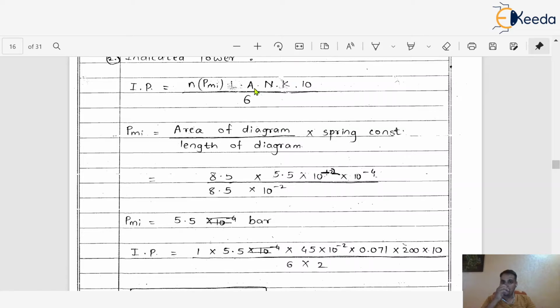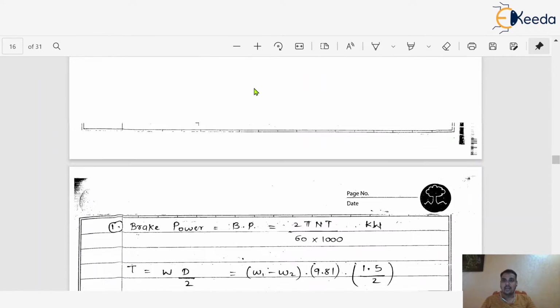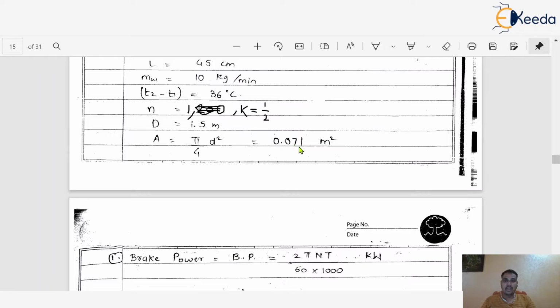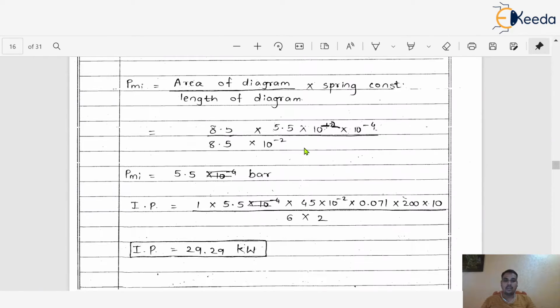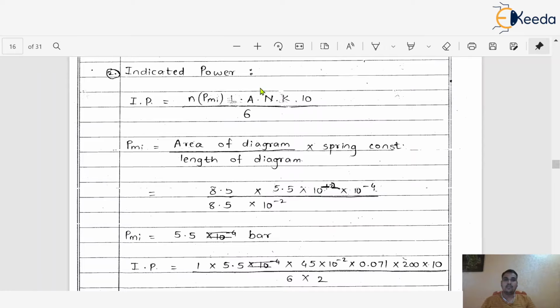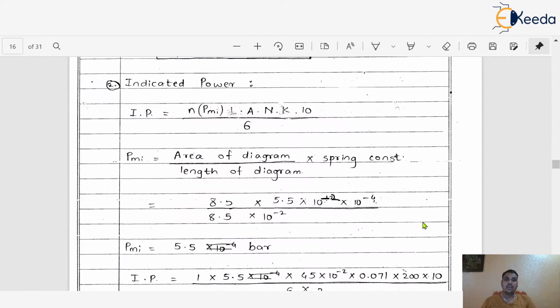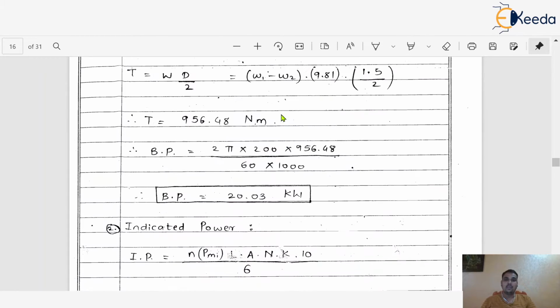The area which we have already calculated is equal to 0.071. It is already in meter square, so put that area as 0.071. Then the next one is the RPM, given as n, and this value is 200, into the value of K, which is nothing but 1 by 2.